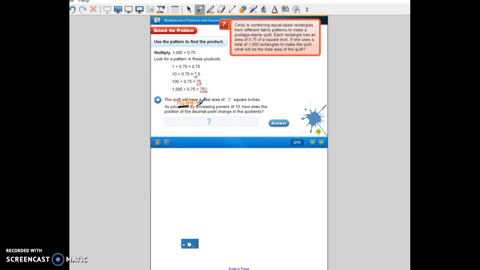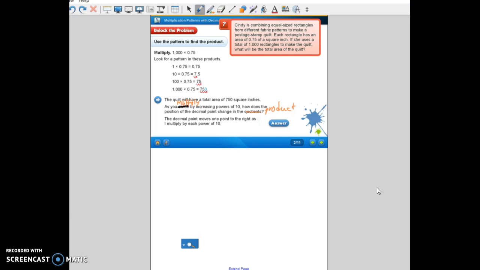By increasing powers of 10, how does the position of the decimal point change in the product? Okay, your answer should be 750 up there at the top. And then the answer that you need to write on that line is the decimal point moves 1 place to the right as I multiply by each power of 10. Not only did we discover they had divide wrong, but they also had quotient wrong, so it needs to be product.